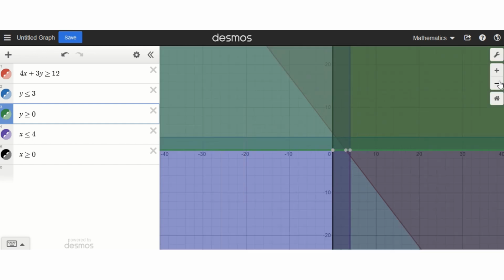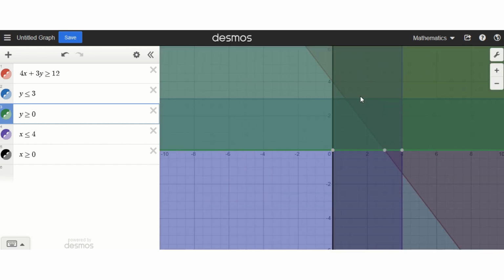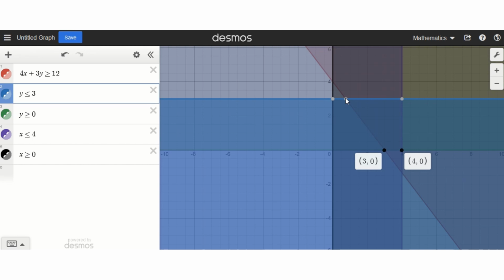Maybe I have to zoom in a little bit more to show you the points nicely. Yes, now it's better. This is one point, this is another point, this is another point, and this is another. So now you can see 1, 2, 3, 4. These are the corner points that we got when we take the common shaded region. So this part is the common shaded region, and this is how you can use Desmos for checking your answer.